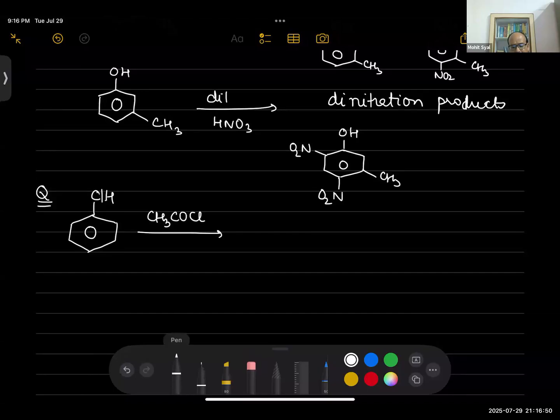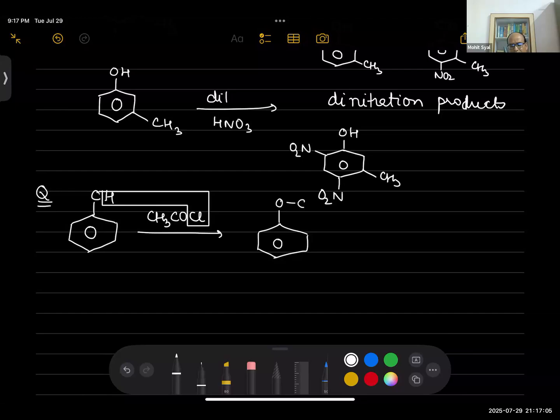We have seen this preparation of aspirin. Got it? So this is the same reaction. So what are we going to get? Marwa, is it clear? In the aspirin also we were doing this. This is acetylation, right? Got it?